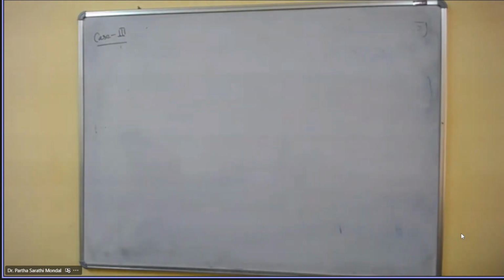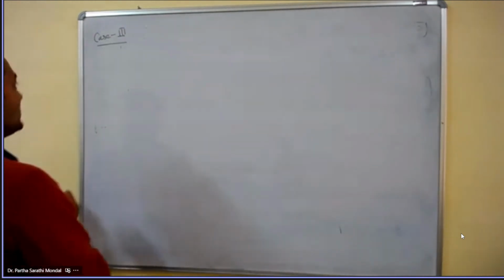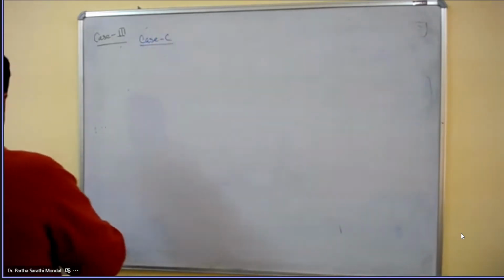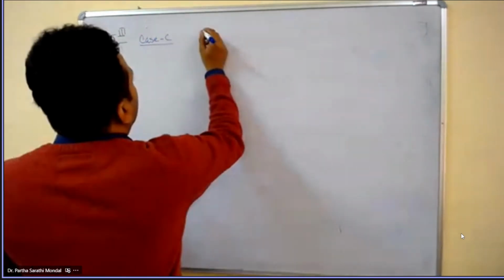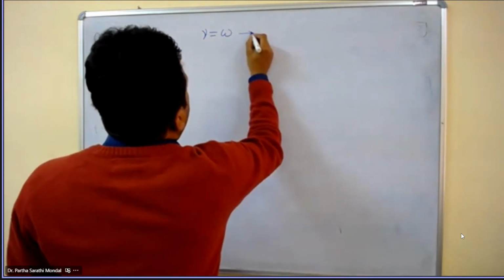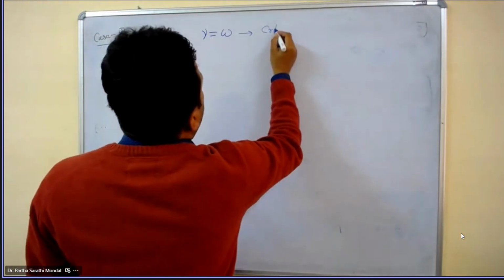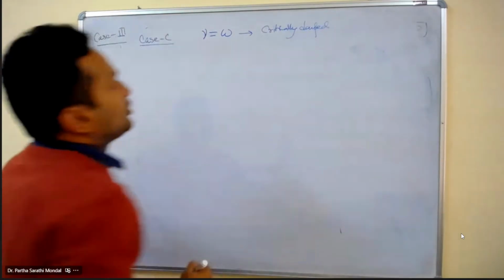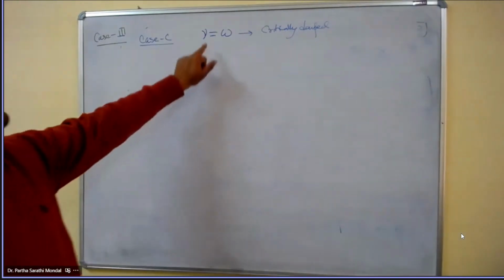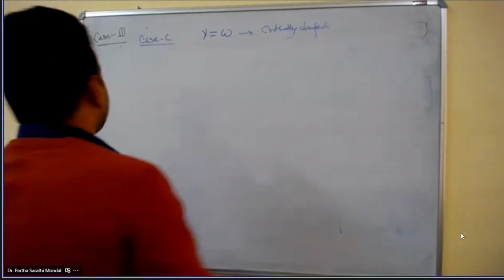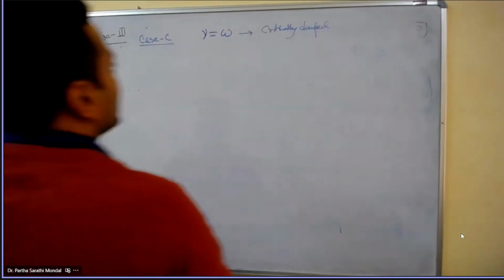So now what I'm trying to say is the case C, where we can use a critically damped condition, that means gamma is exactly equal to omega. वो जो ओवरडैम्प था उसी का ही एक पार्ट है जहां पे गामा विल बिकम ओमेगा. Okay, so now there is a mathematically very interesting situation.